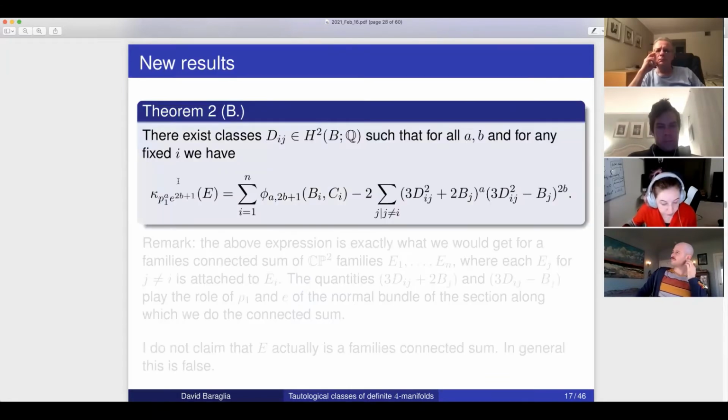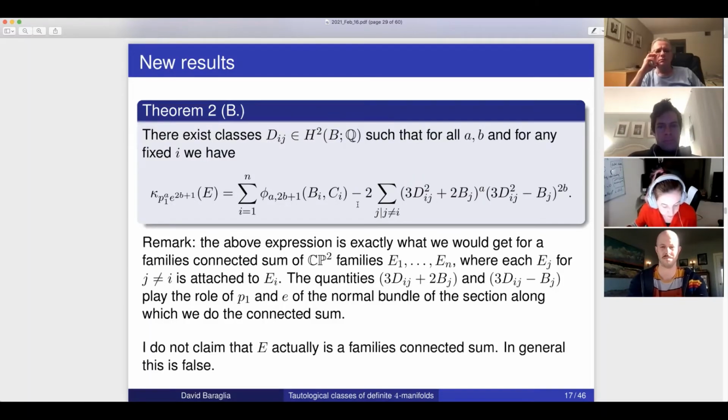So when you have odd powers of e, something a little bit strange happens: you get the expected sum, but then you also get a correction. Now I haven't told you what these d_ij's are. They're just some degree 2 cohomology classes on the base.